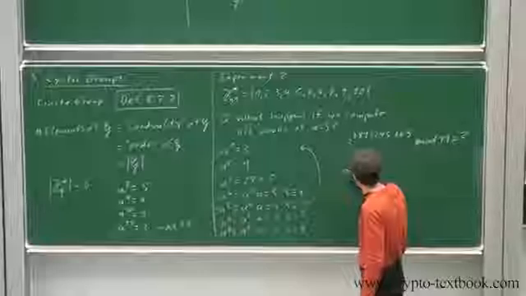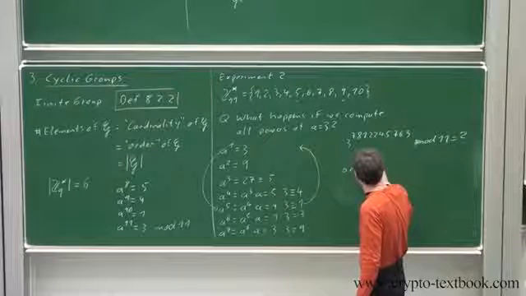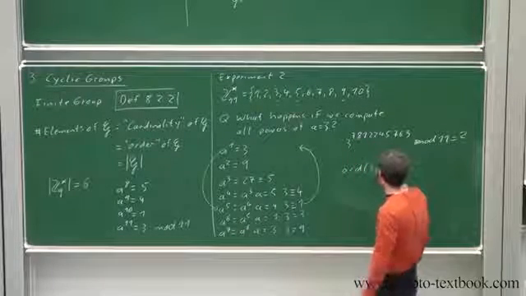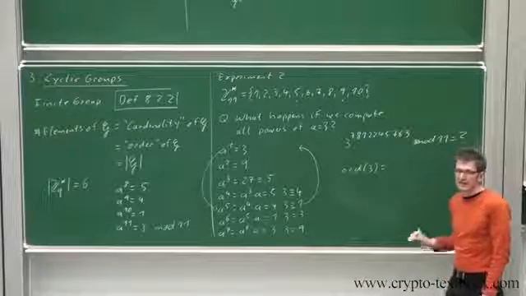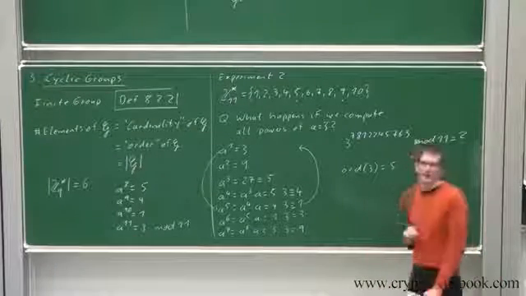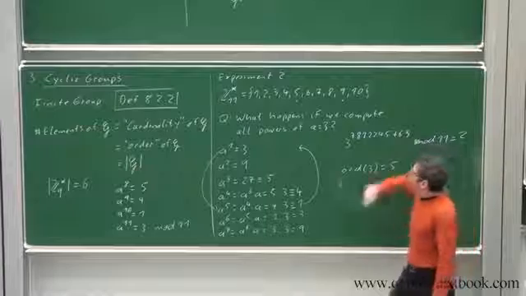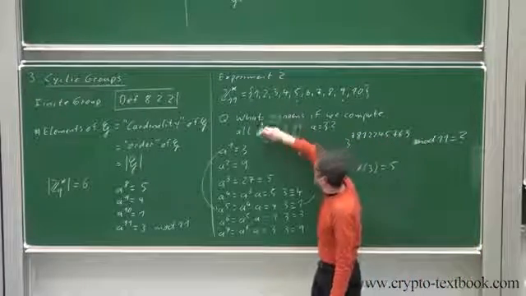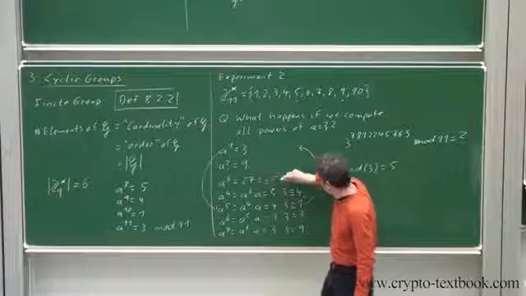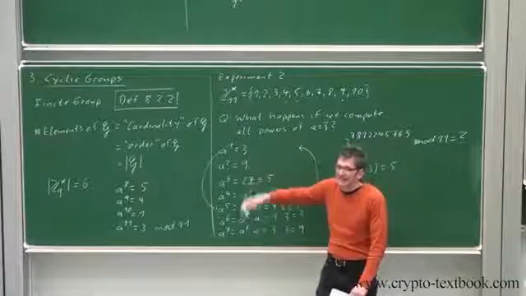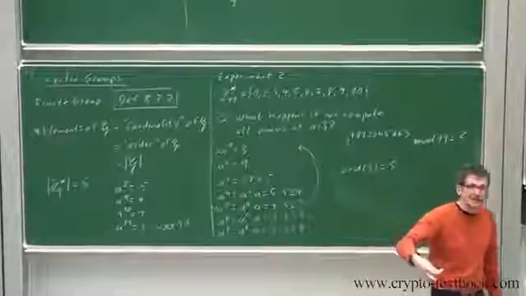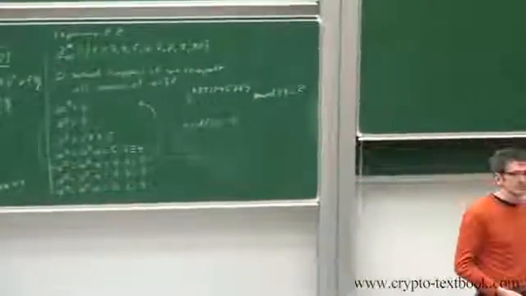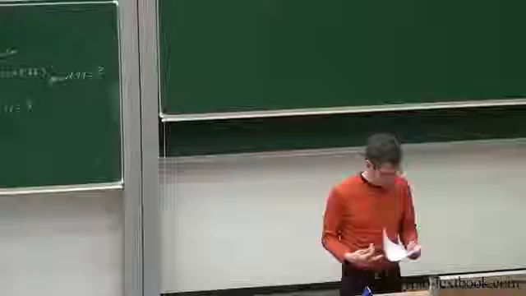This is called the order of 3. The order of 3 has the value 5, which has nothing to do with the 5 that's in the set here. It only has to do with the fact that we reach 1, 2, 3, 4, 5. That's the cycle length. The cycle length is 5.